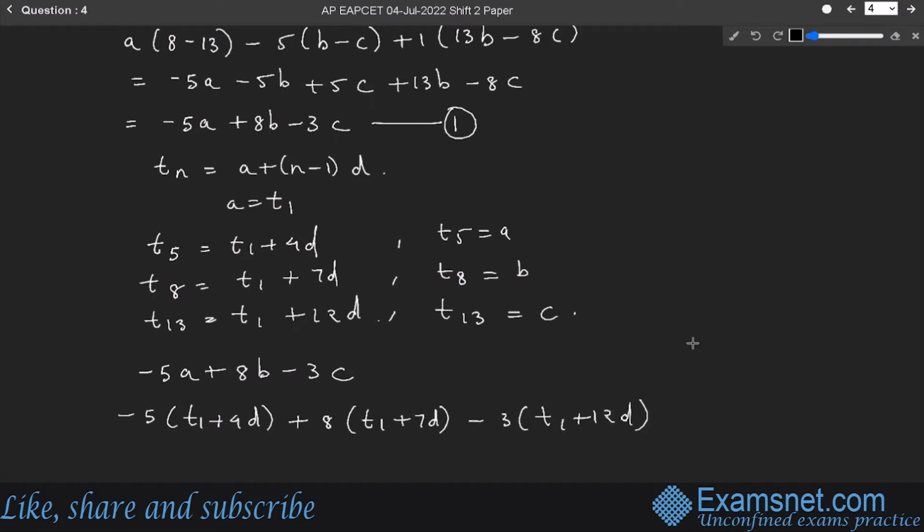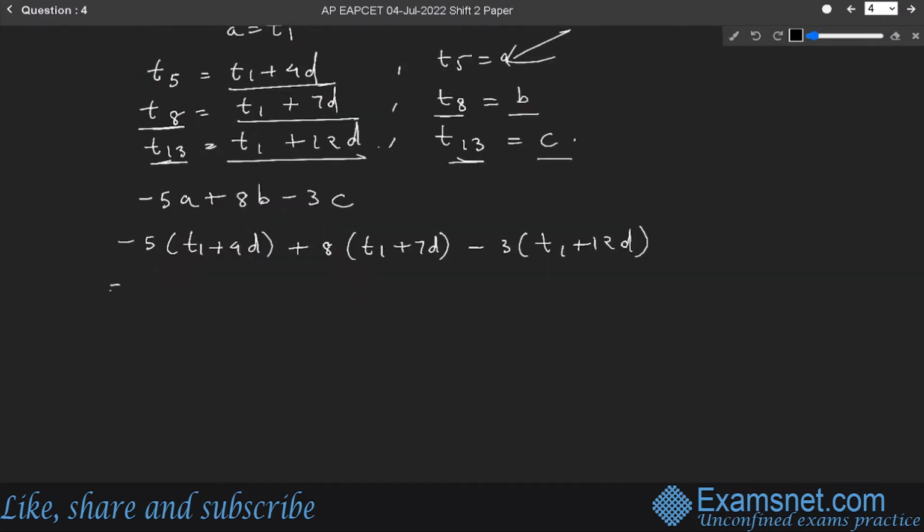I hope this step is clear to you. You can see that in both these parts, the LHS are equal. It means that from here, A will be equal to T1 plus 4D, B will be equal to T1 plus 7D, and C will be equal to T1 plus 12D.